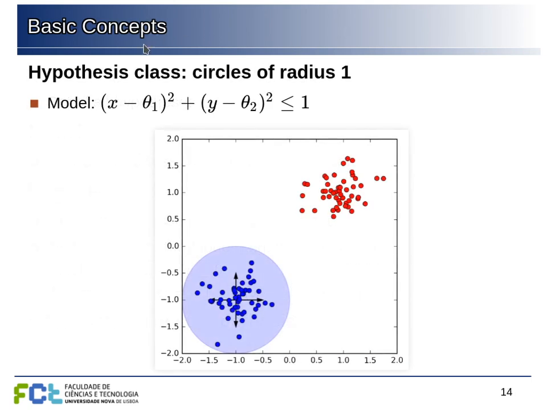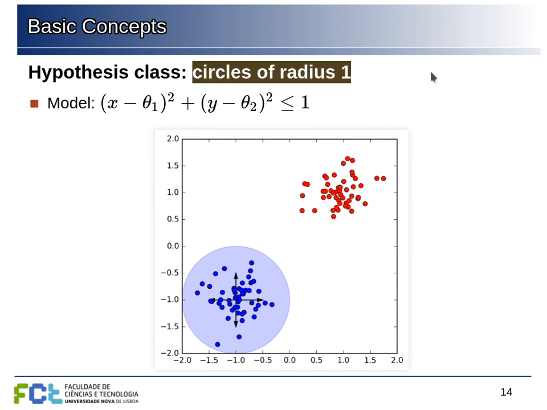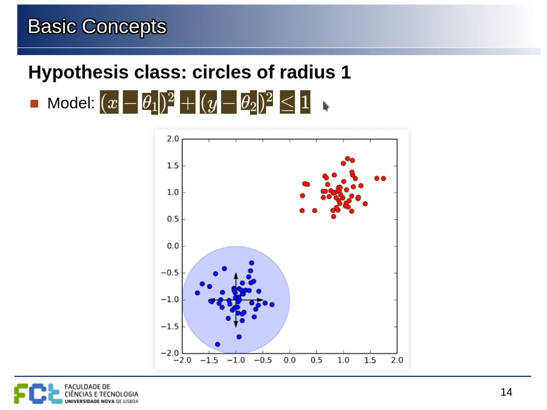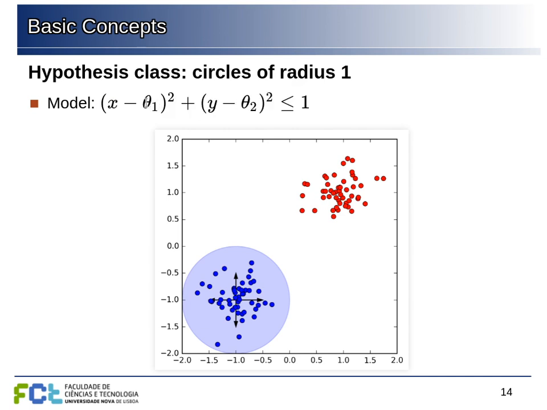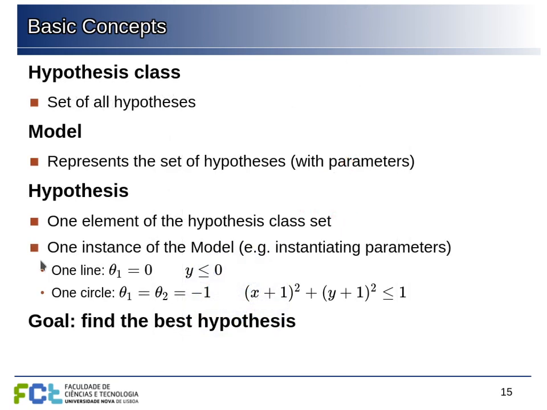So in this case, the hypothesis class will be the set of circles of radius 1, and the model will be this particular mathematical expression that has these parameters we can instantiate to obtain each hypothesis. And then we obtain our hypotheses, which are instances of the set of parameters in the model.